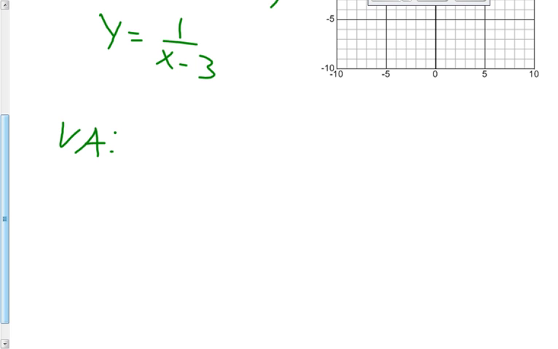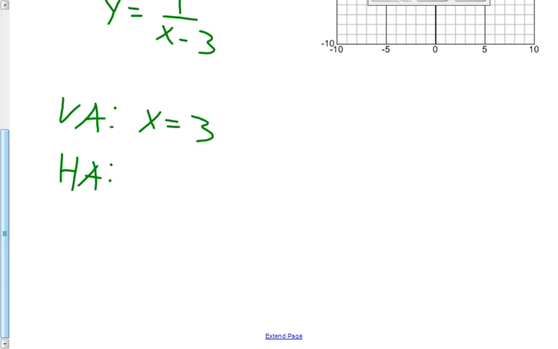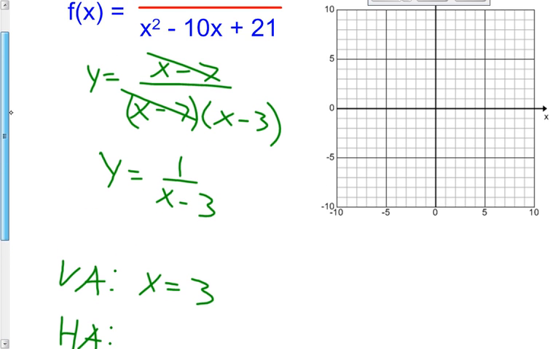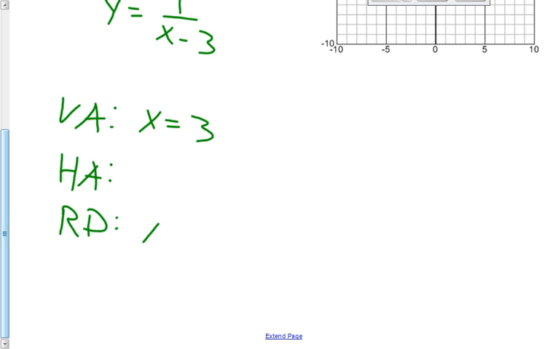Vertical asymptote is x equals positive 3. Your horizontal asymptote, we're going to find that by using our graphing calculator. And our removable discontinuity, one of the factors canceled, sorry about that, x minus 7 did, so that means x equals 7 is our removable discontinuity.